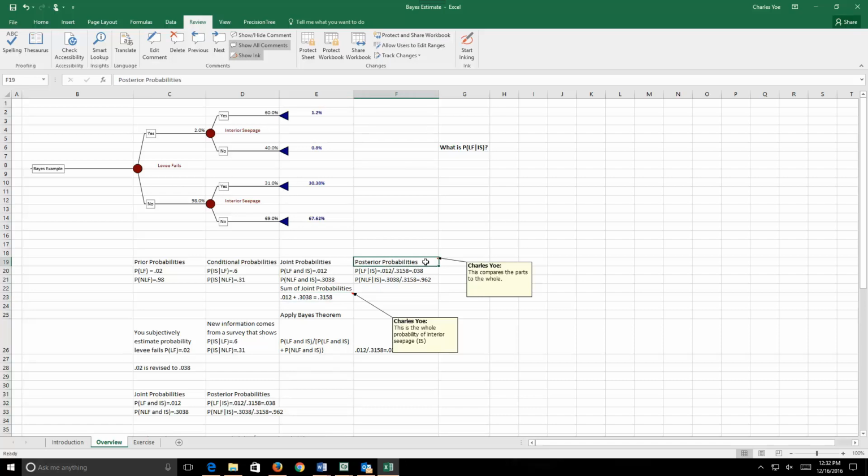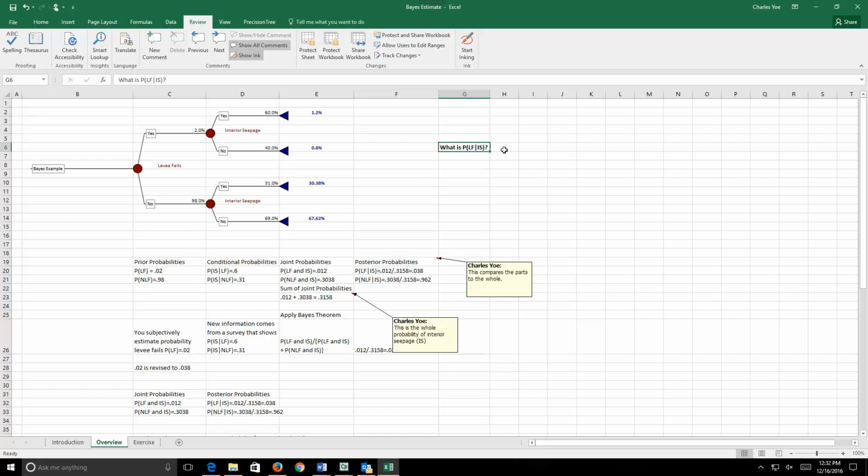The next bit of terminology that we're going to examine would be the posterior probabilities. This would be the revised probability. Imagine that we are trying to answer the question, what is the probability of levee failure given that there is interior seepage?